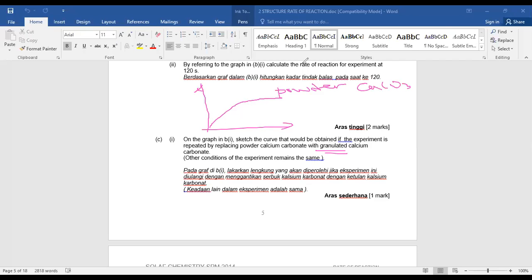Therefore, we obtain a line which is lower than this, somewhere around here. Other conditions remain the same. Therefore, the volume of gas released, at last, will still be the same, and it will reach the same height on the graph here. Okay, I hope you understand. So this is about the sketching of the graph.